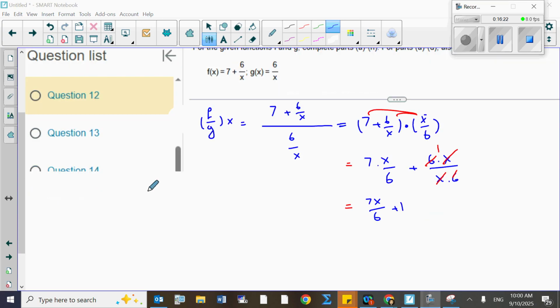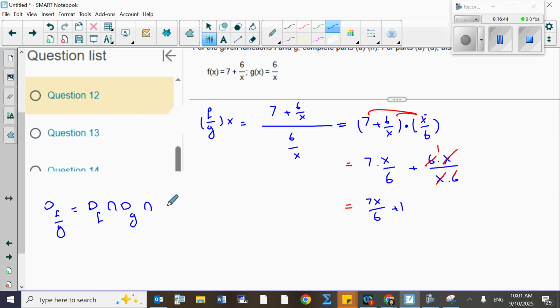To find the domain of f over g, we need to find domain of f intersection with domain of g, but also we need to make sure there is nothing that makes the denominator of this fraction 0. That's g of x.